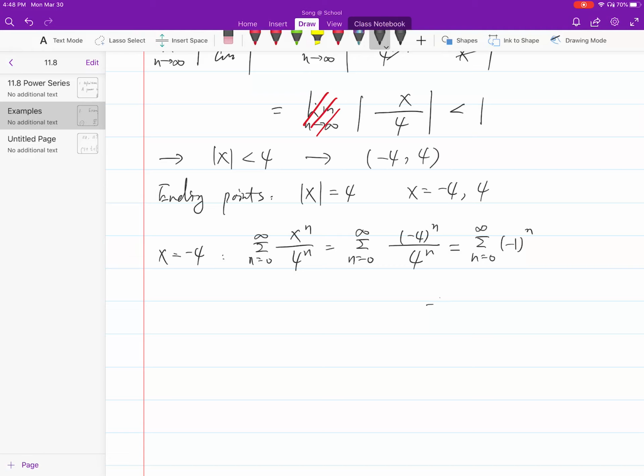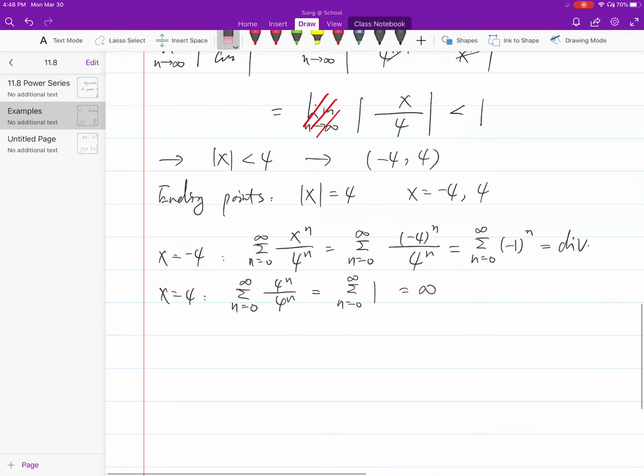The last few terms will be -1 plus 1 minus 1 plus 1 minus 1 plus 1. By test of divergence, this is divergent. Okay, what about x equals 4? That's the sum of 4 to the n over 4 to the n, which is the sum of 1, which is 1 plus 1 plus 1 plus 1 forever. That's clearly infinity. So either way, both of them are divergent.